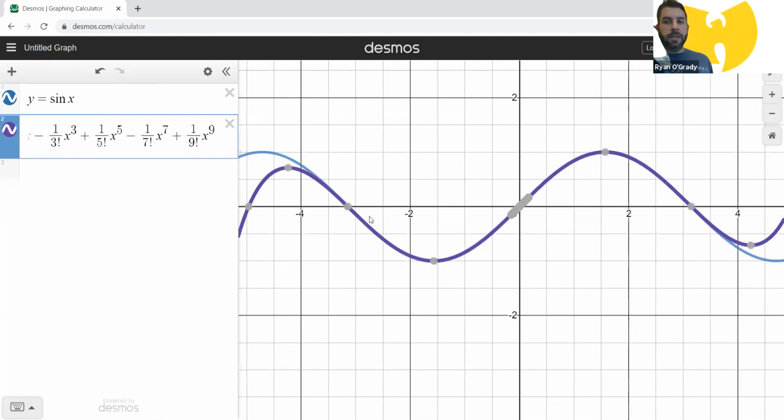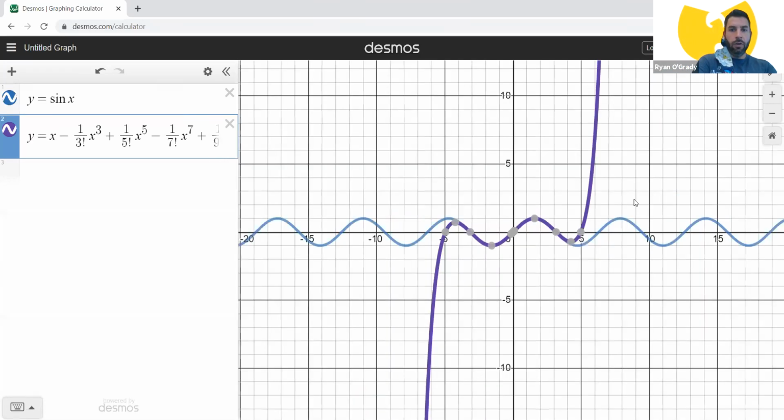And so you're seeing the same phenomenon happening. The purple polynomials, as I increase the degree, are taking over for the function. A couple things to note here: if I zoom out, I lose all the goodness, right? Right now my approximation is only good between like -4 and 4.